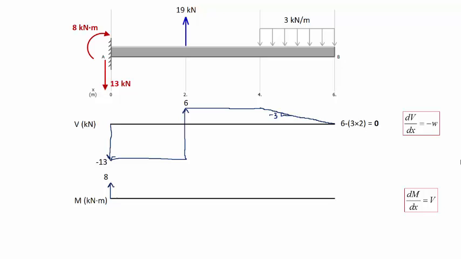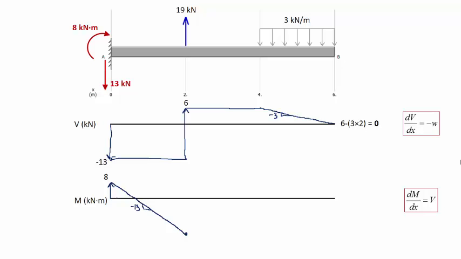Now we continue moving to the right, and now we concentrate on the shear force diagram. So the shear force for the next 2 meters is a constant value of 13 and is negative, which means that the slope of the bending moment diagram is going to be constant and negative. So that's a straight line with a negative slope of minus 13.